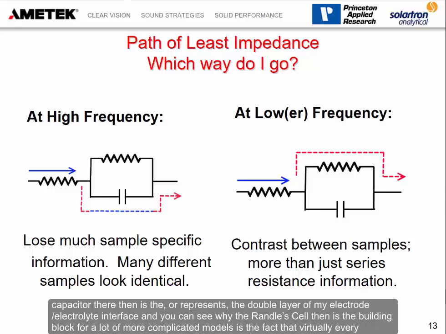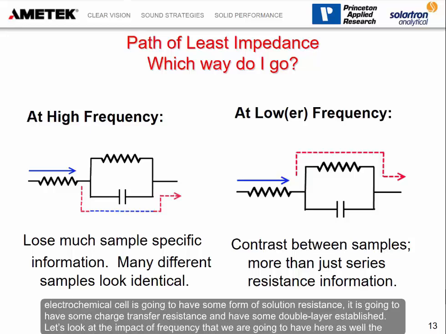That capacitor there then represents the double layer of my electrode-electrolyte interface. And so you can see why the Randles cell is the building block for a lot of more complicated models: virtually every electrochemical cell is going to have some form of solution resistance. It's going to have some charge transfer resistance, and it's going to have some double layer established.